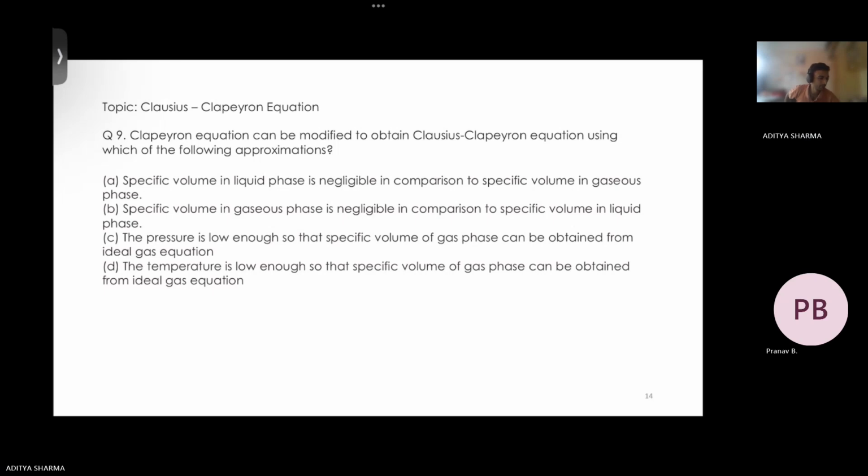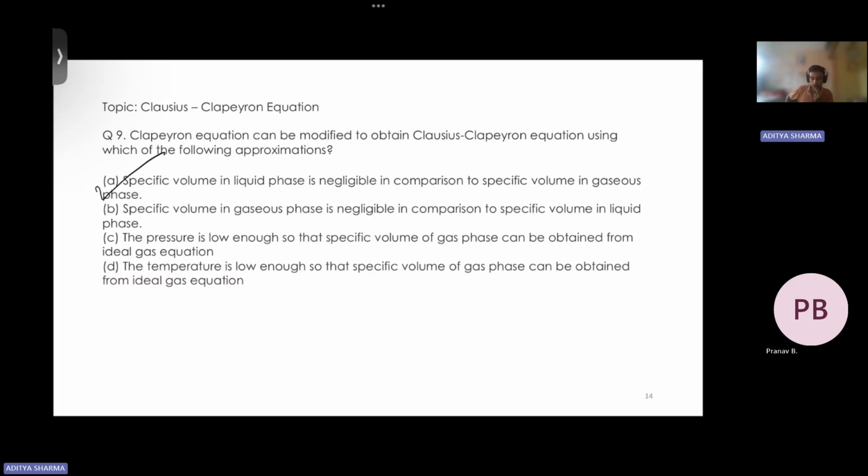So here, first is that the specific volume in liquid phase is negligible in comparison to specific volume in gaseous phase. Then specific volume in gaseous phase is negligible in comparison to specific volume in liquid phase. So out of these, because these two are opposite to each other, one is correct. So this option A is correct out of this.